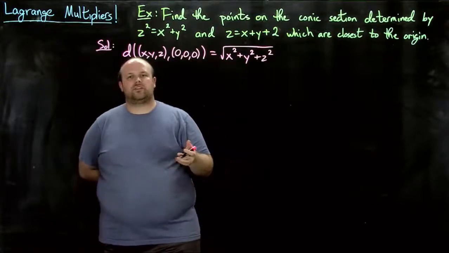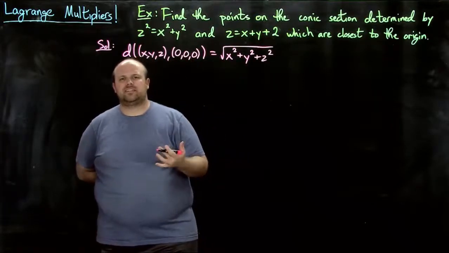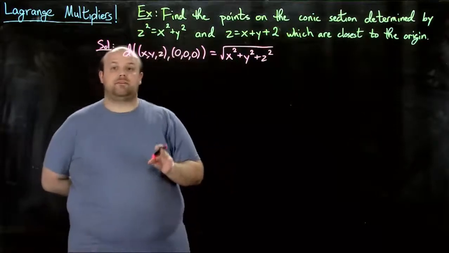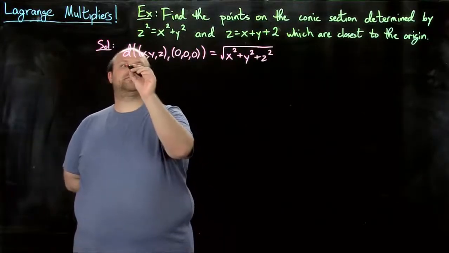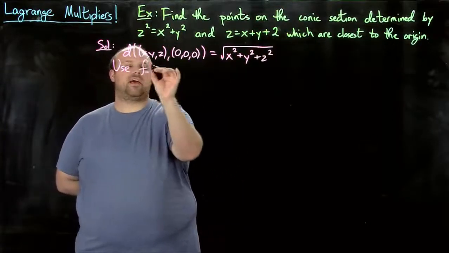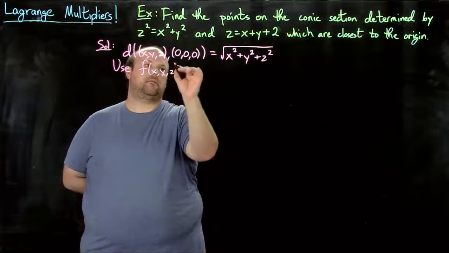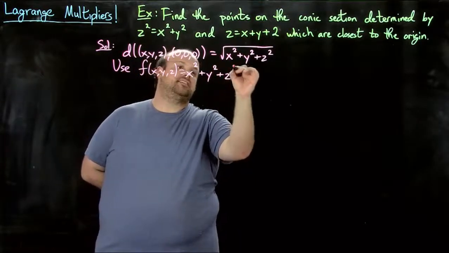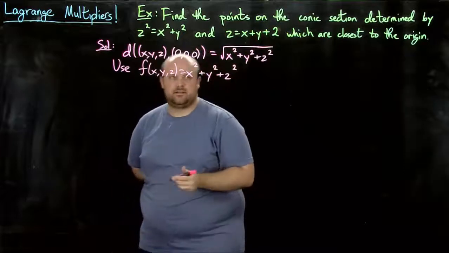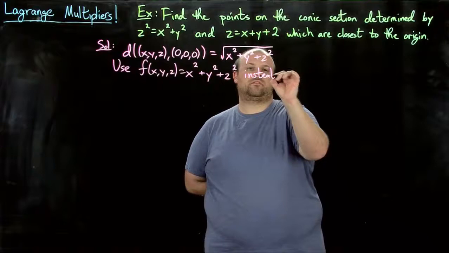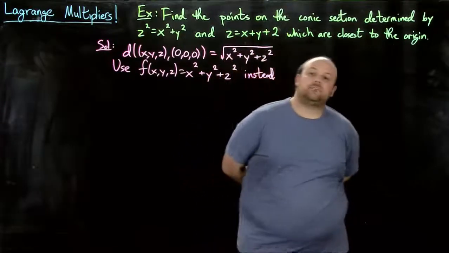Well, you can imagine we're going to have to take a gradient of this thing, and that's kind of messy. The nice thing about this particular problem is we can use f of (x, y, z) equals x squared plus y squared plus z squared instead. Now, why can we do that?